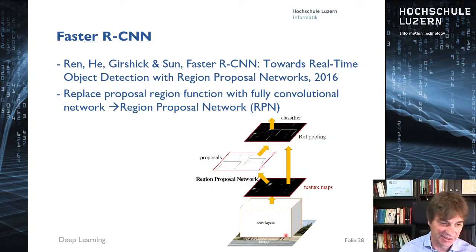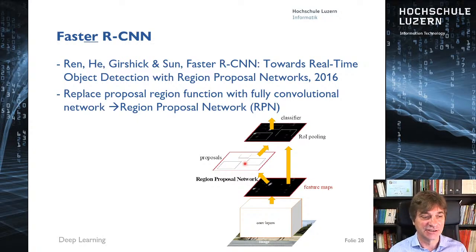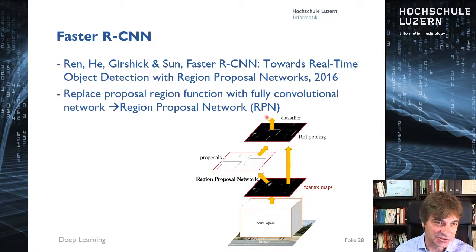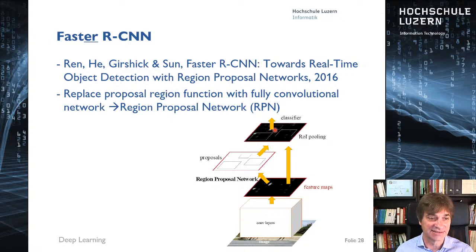So you have your image, you have some common convolutional layers which will give you features, and then from the features you first do some region proposals and then do some classification on those proposals, and as we will see, also get some finer bounding box predictions from the proposals.